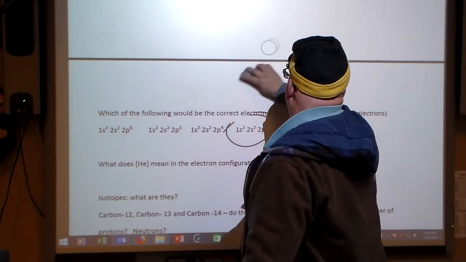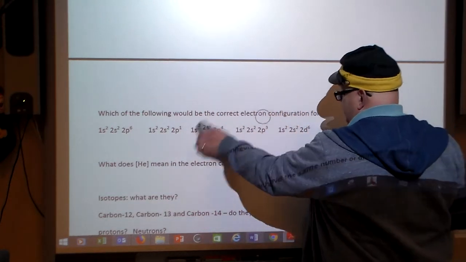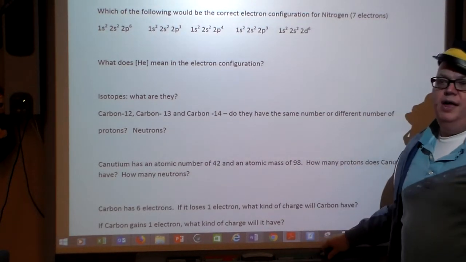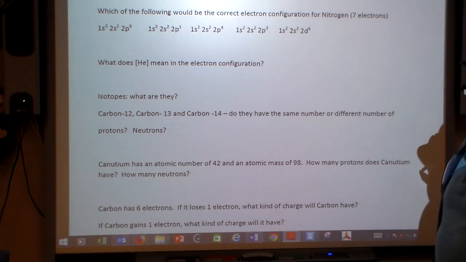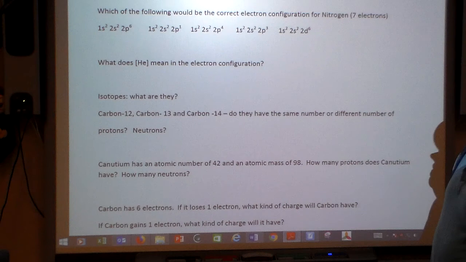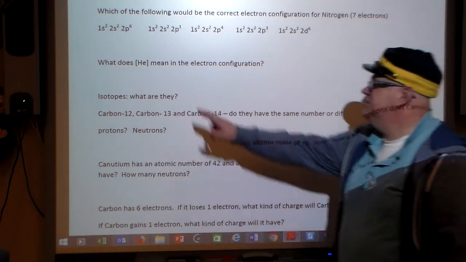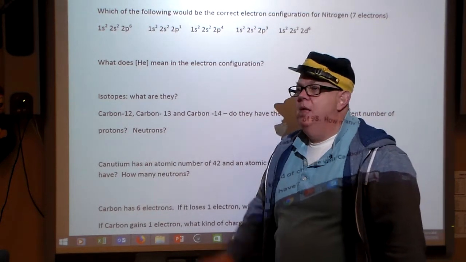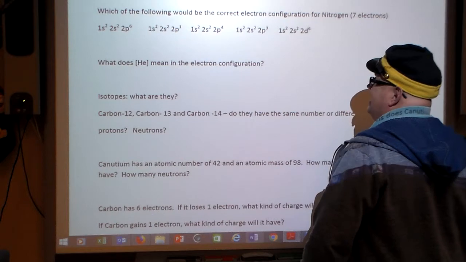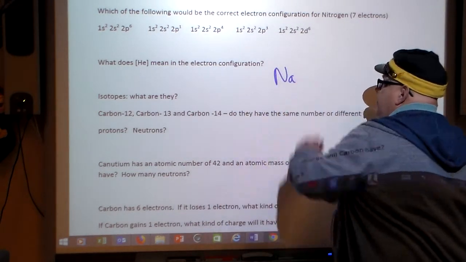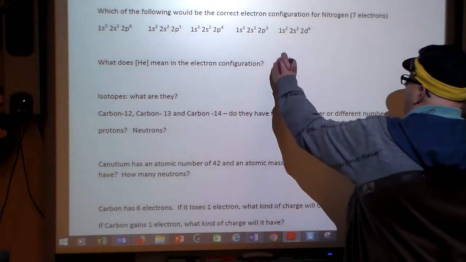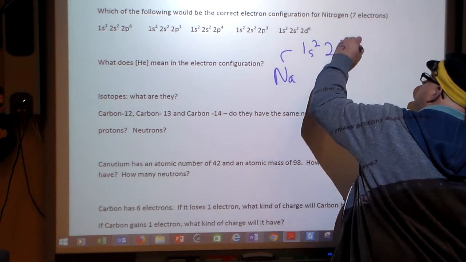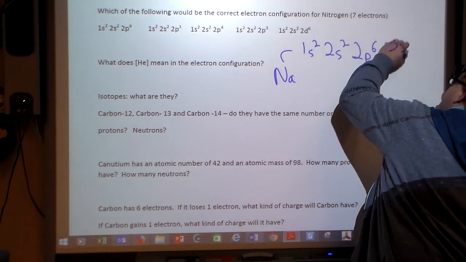What do the brackets with He mean in the electron configuration? Well, it's a short way of writing out, instead of always writing out 1s2, 2s2, 2p6, that gets to be messy. So this is saying it has the same electron configuration as the noble gas helium. But I'm going to go with neon. Neon's got 10. So if I want to go for sodium, there's 2 ways I can write it. It's got 11 electrons, so 1s2, 2s2, 2p6, 3s1.